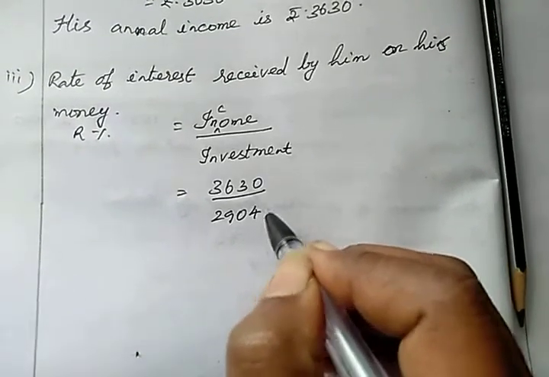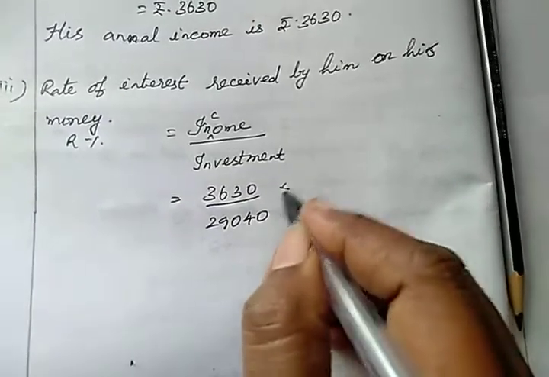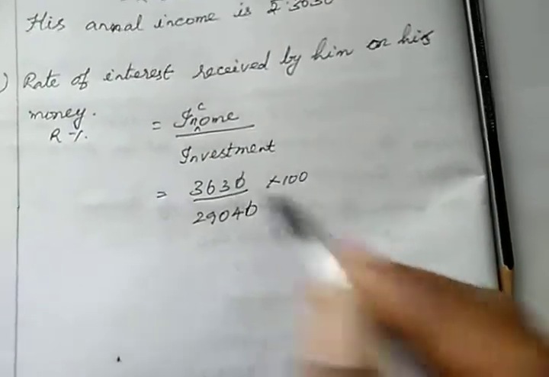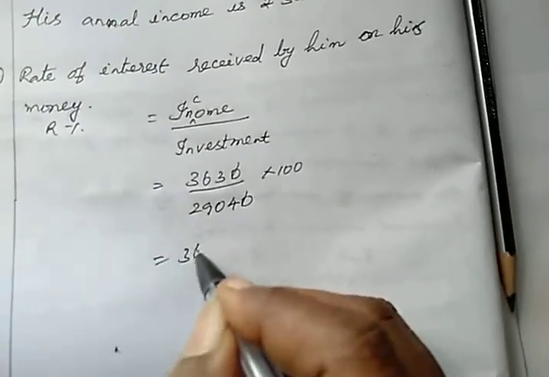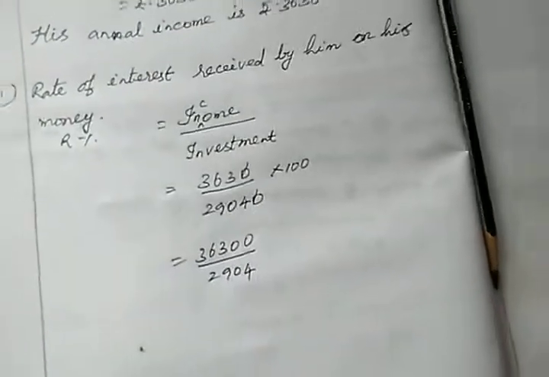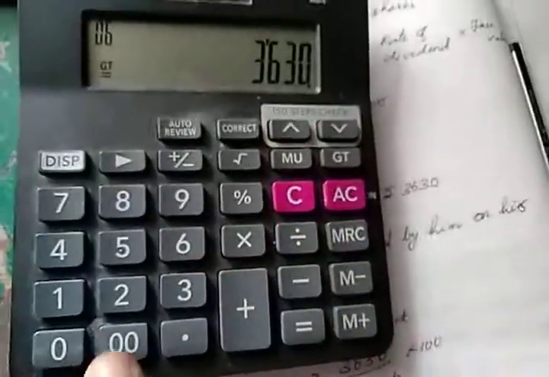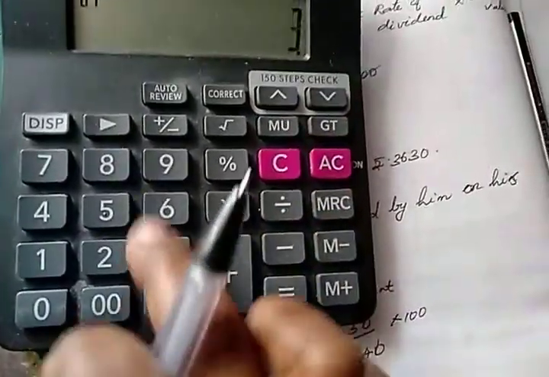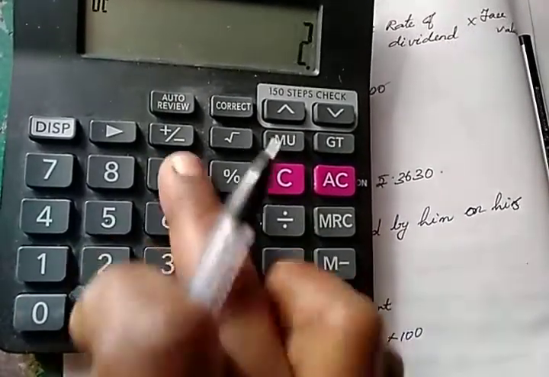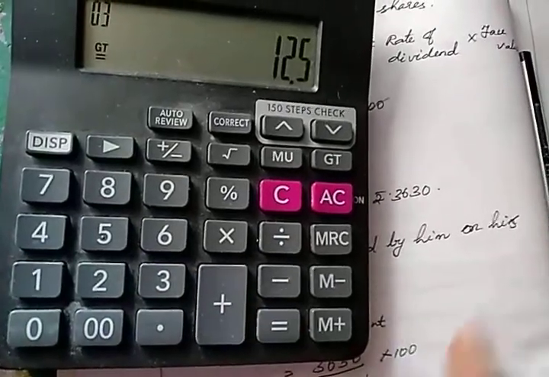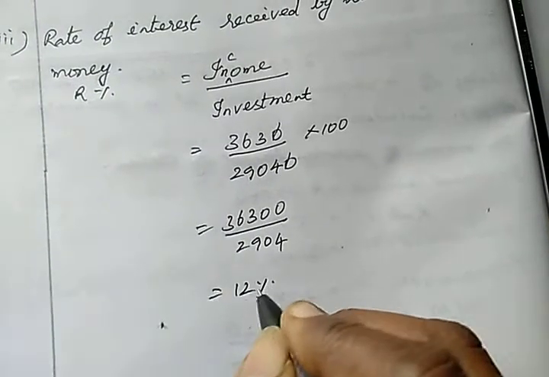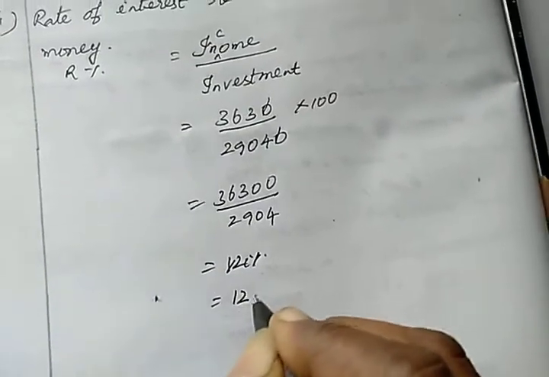29,040. We have to find out the percentage, so multiply it by 100. So zeros will get cancelled. 36300 divided by 2904. 36300 divided by 2904 is 12.5.